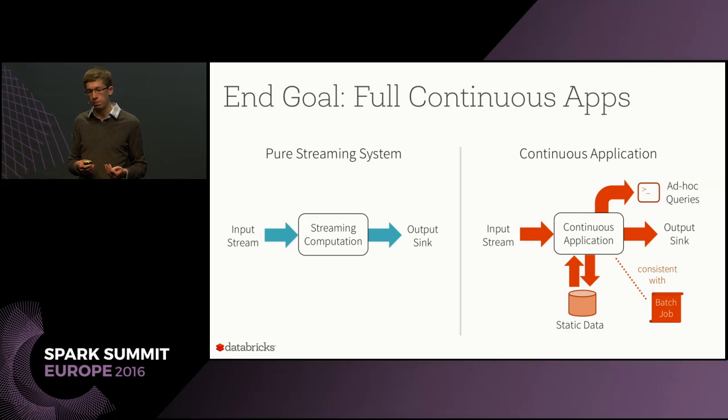But with the same API, we want you to hook in stuff like ad hoc queries and get reliable ad hoc queries, with some strong semantics about what data is in there. We want you to hook in static data. And if you have batch jobs or other applications built on Spark in your environment, we want to make sure that the results are consistent with them, and it's easy to develop this whole pipeline. So that's what we're going for in future releases.